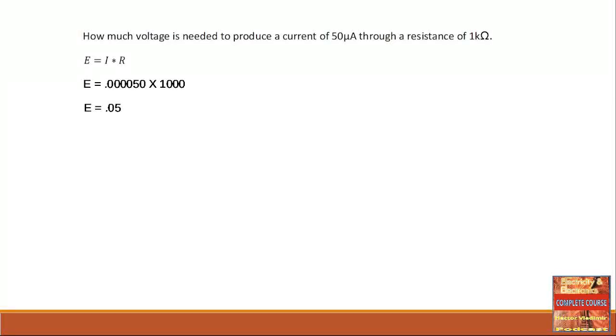How much voltage is needed to produce a current of 50 microamps through a resistance of 1 kilo ohm? Again, rearranging the Ohm's law formula for voltage, E equals I times R, or voltage equals current times resistance, we get E equals, in this case, 0.000050 times 1000.